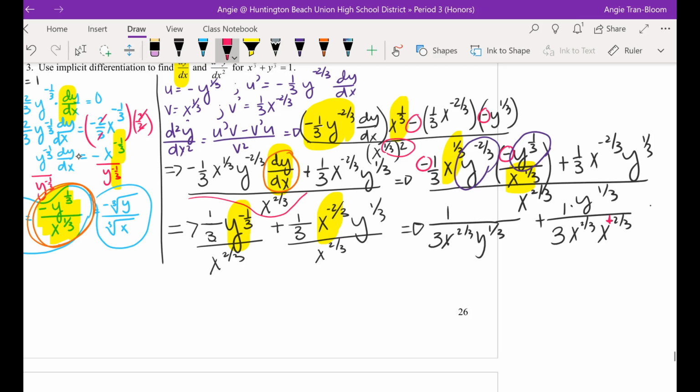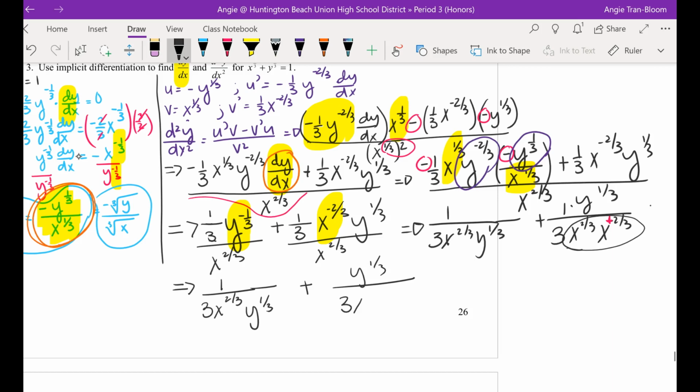Now I will try to simplify as much as I can. Okay. Let's continue with the basic algebra here. On the top, I have 1/. On the bottom, I have 3x to the 2/3, y to the 1/3. Then on the top over here, I have y to the 1/3. On the bottom, I will add those powers. That's really 3x to the 4/3, just like that.